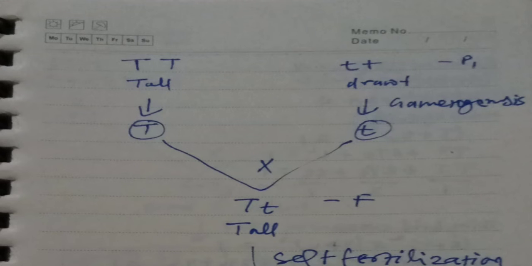It has pure tall, capital T, and pure dwarf, small t. During the gametogenesis process, the number of genes or chromosomes becomes half. So out of a pair, one gene is derived. One gamete has capital T and another gamete has small t. When we make a cross between both, we find a hybrid that is tall, capital T small t.